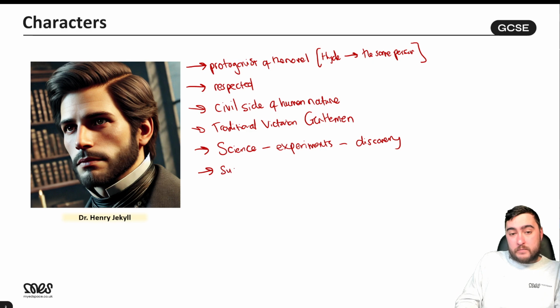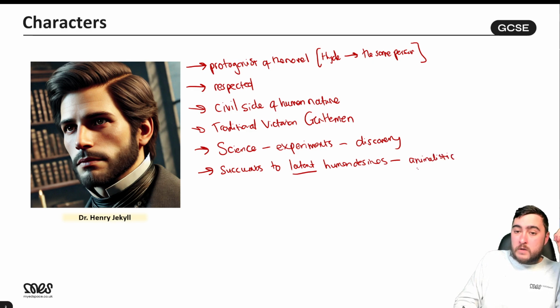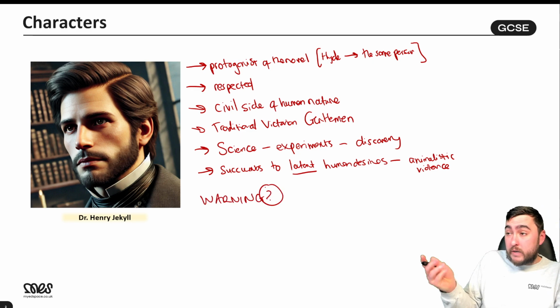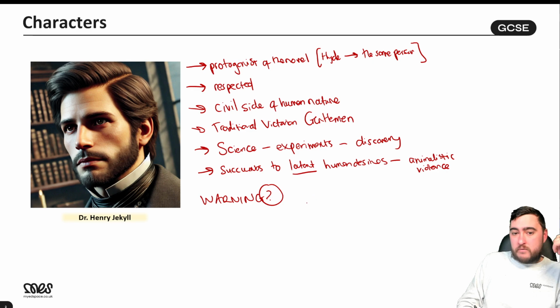Ultimately, he succumbs to the base or the latent human desires, in this case a kind of desire for animalistic violence. And therefore, he acts as a warning, possibly. A warning about the dangers of messing with the natural order.